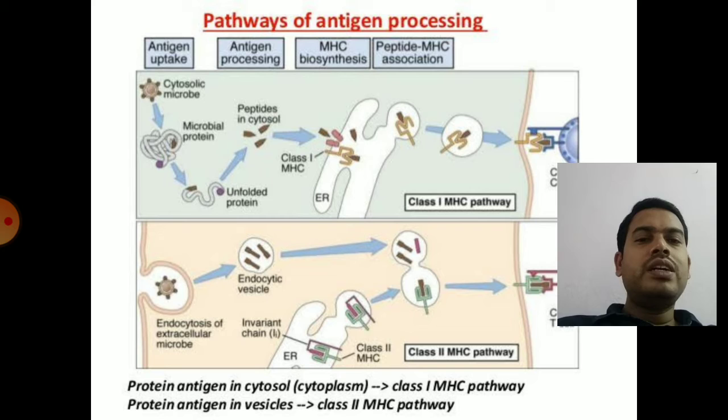In the endoplasmic reticulum, the class 1 molecules will be ready, and the peptides that are processed in the cytosol will attach to the class 1 MHC molecule present in the endoplasmic reticulum. From the endoplasmic reticulum, it will enter the Golgi complex.